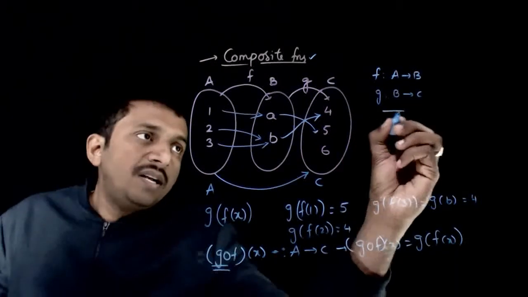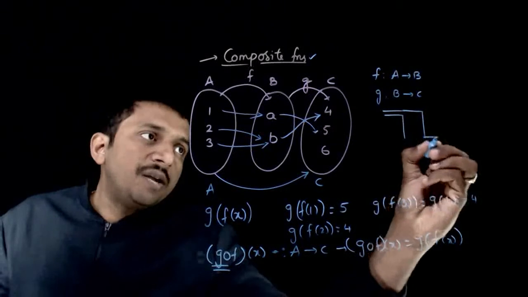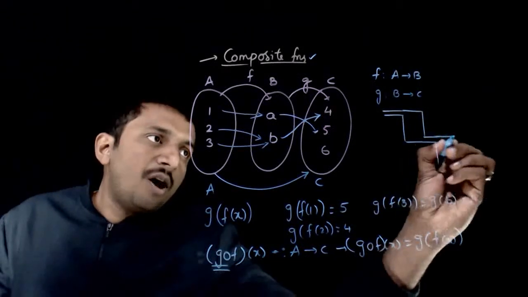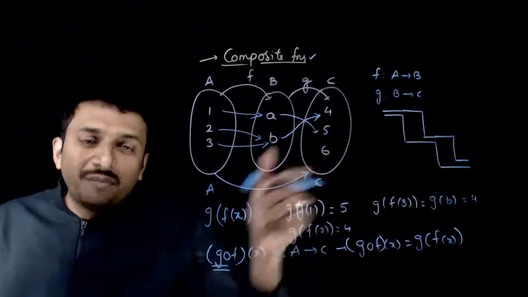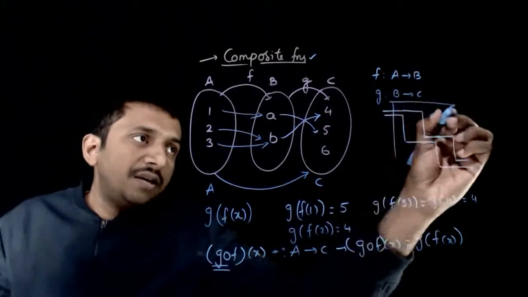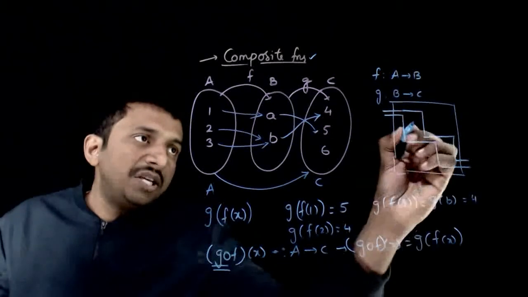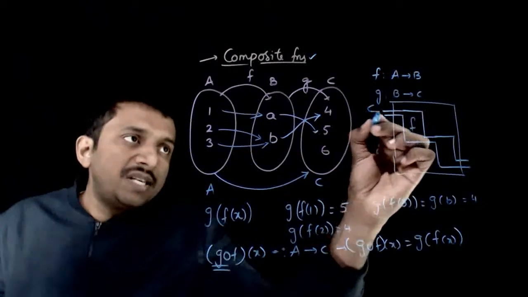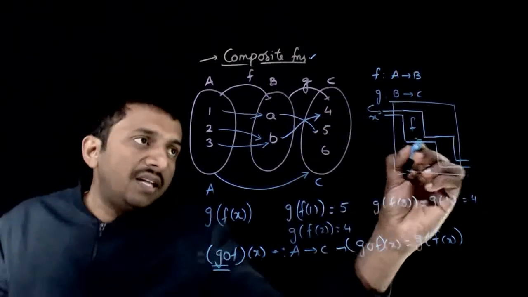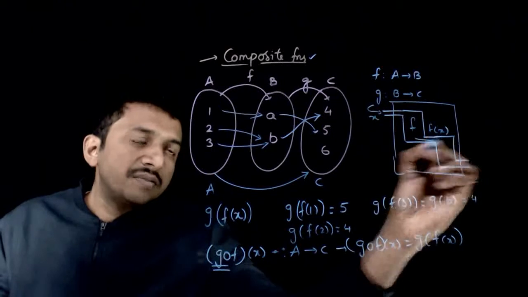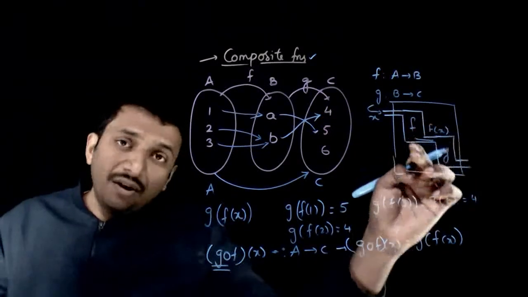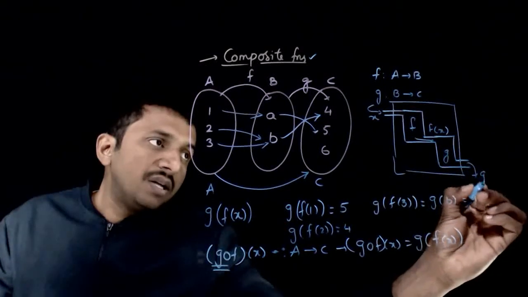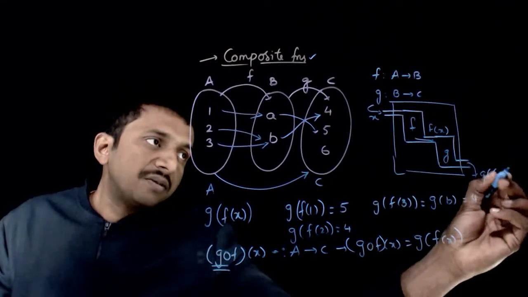That is, if you take it in machine interpretation, a composite machine is a series of machines. So let us say that you have a machine f which takes in the value of x and gives out the value of f of x, and you have a machine g which takes in the value of f of x and gives out g of f of x.